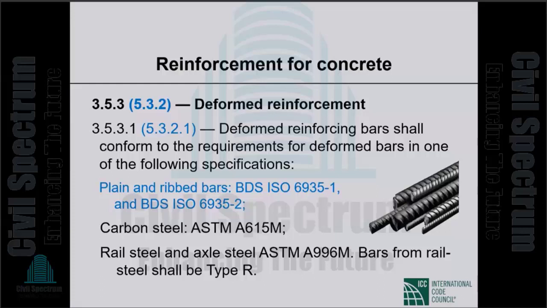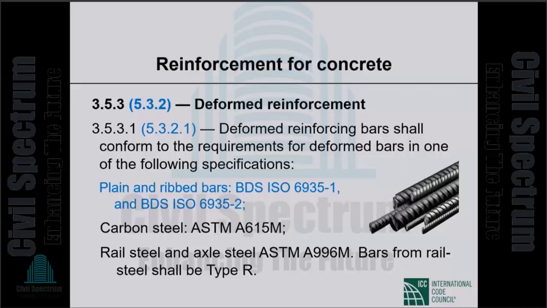The ingredients of A706 are also tied down much more strictly than those of ASTM A615. So ASTM A615 is standard billet steel, and A706 is weldable reinforcement.